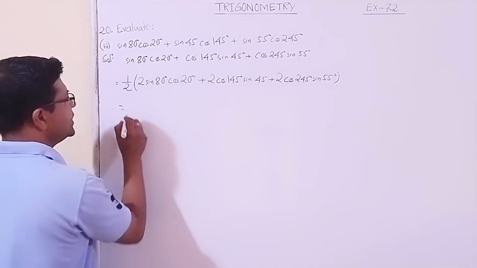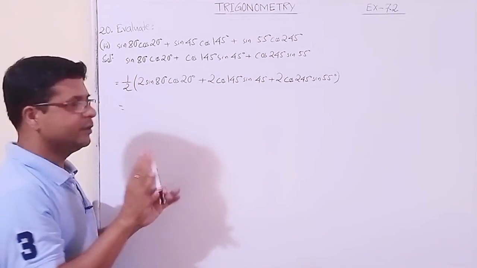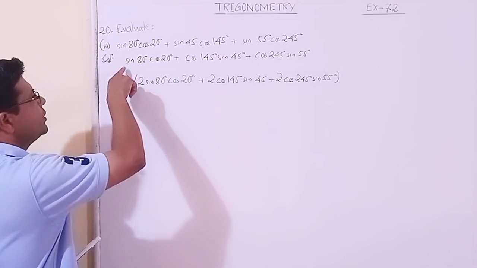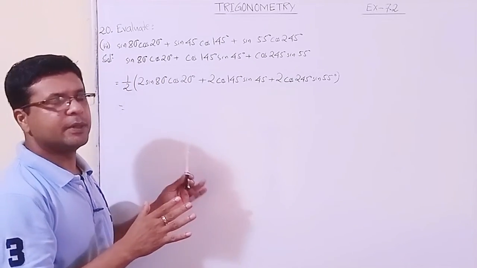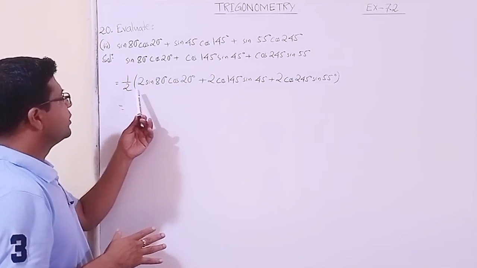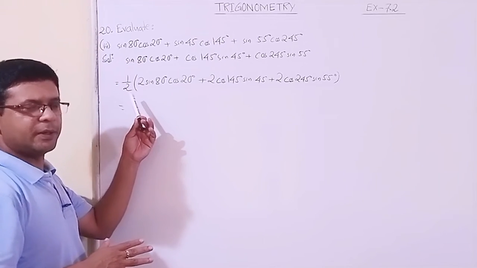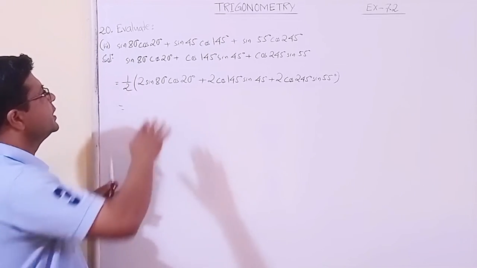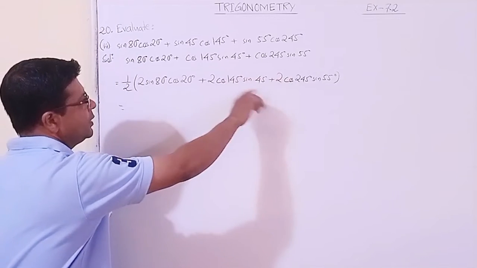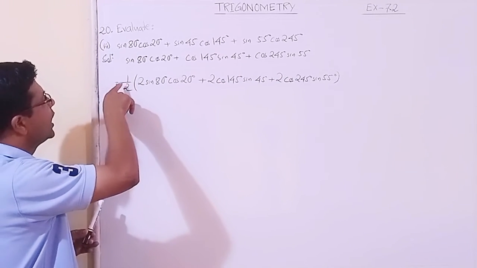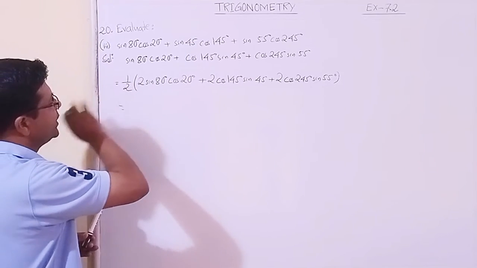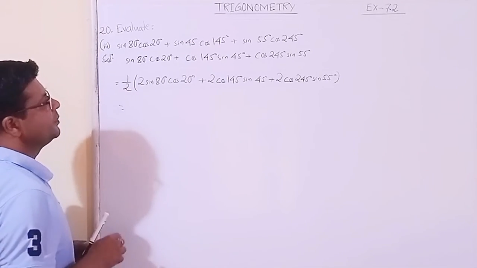Here each term is multiplied by 2. Now directly we cannot multiply by 2, so simultaneously we have to divide by 2. That means 2 we have multiplied here throughout, and outside we have divided by 2. That is half by half, same thing.